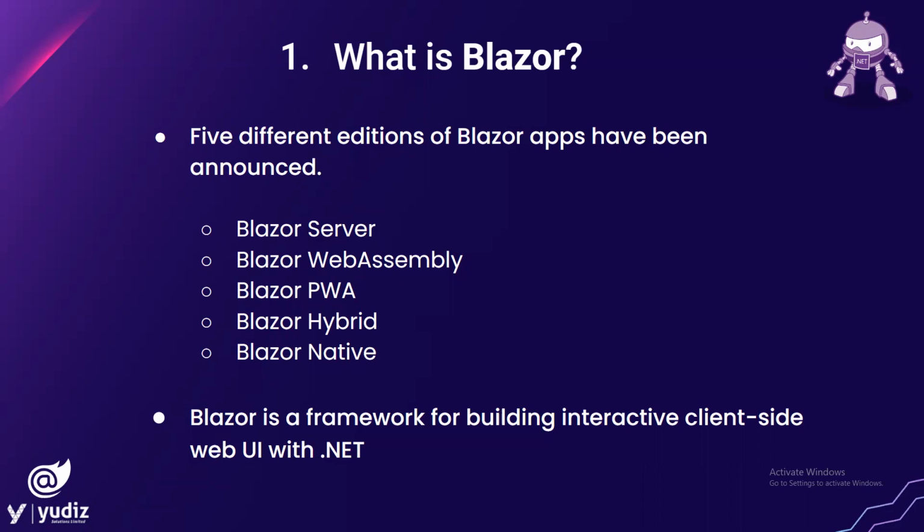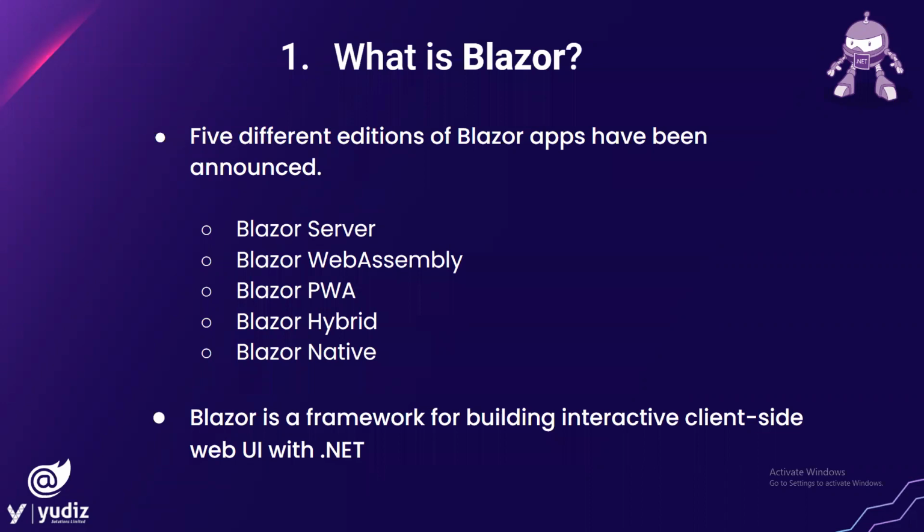Next is Blazor Native. It builds the functionality of a native user interface for each and every native framework or platform. But Blazor Native is currently in the planning stage. So hope you have an idea about what is Blazor.